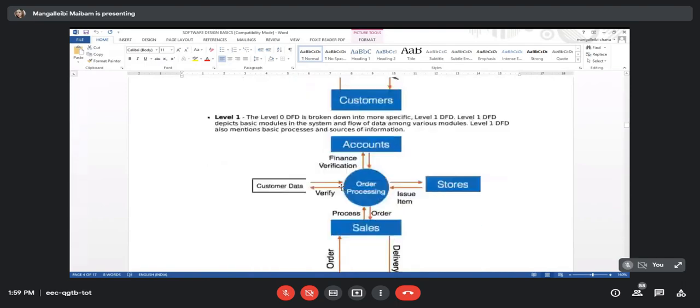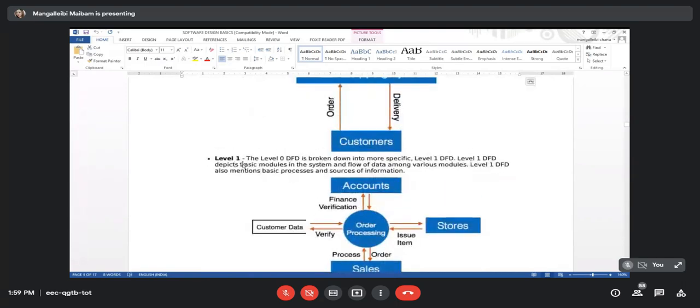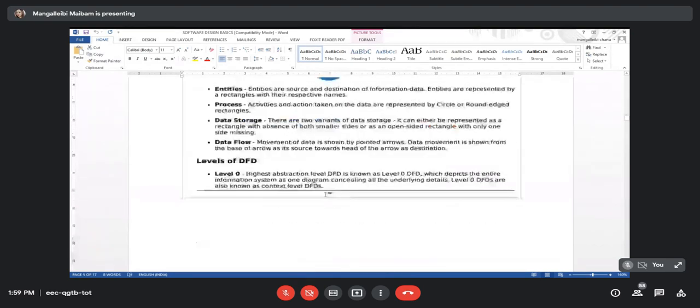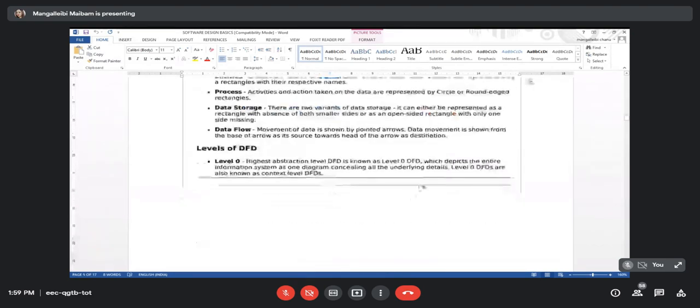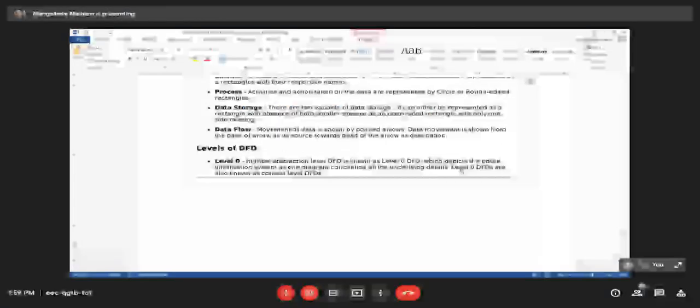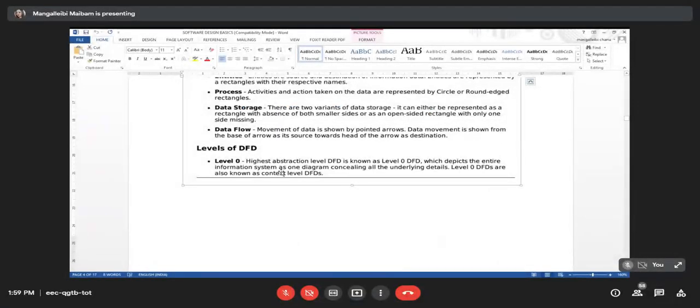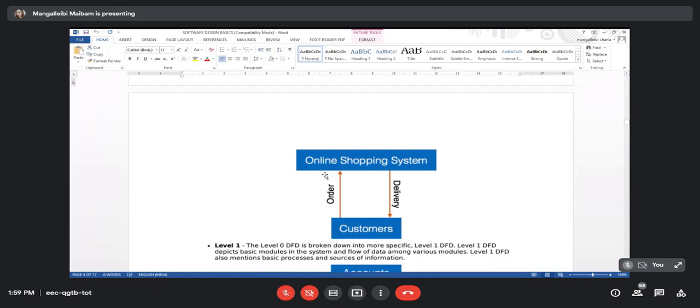While level 1 is going to explain more specifically about the information system. Okay, there will be basic modules, there will be data flow, and the sources of information will be explained in level 1. In level 0, what does it say? It explains only the information system in one diagram.